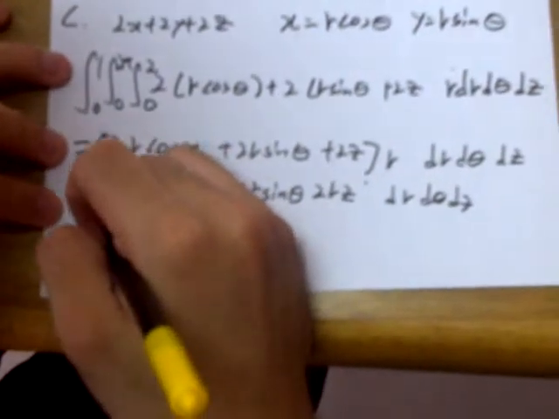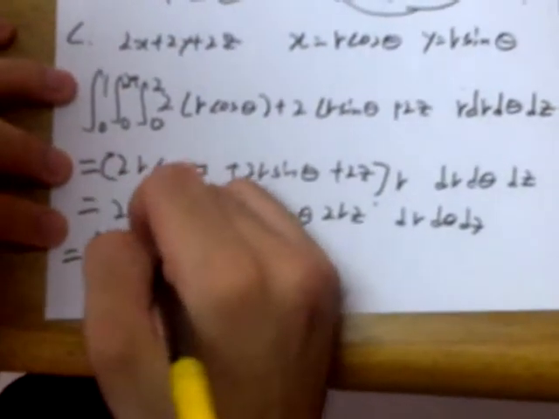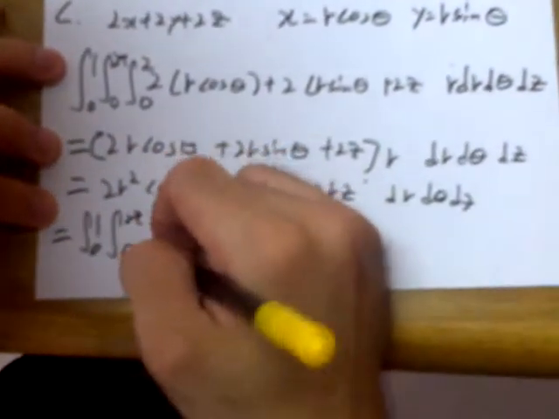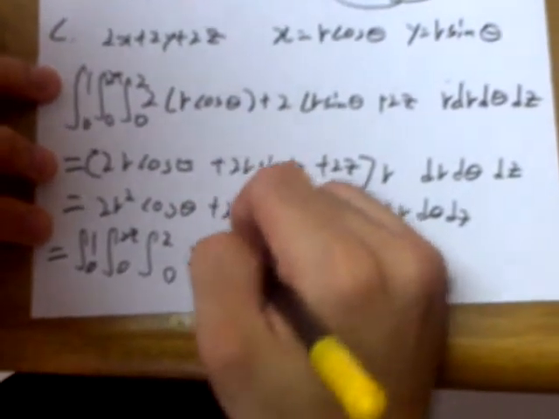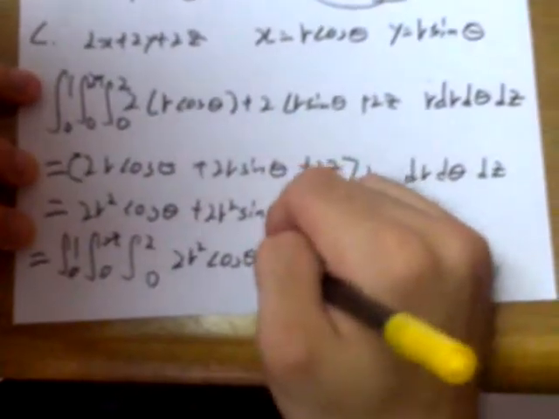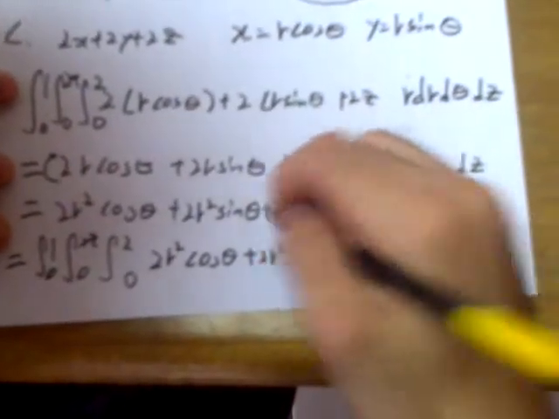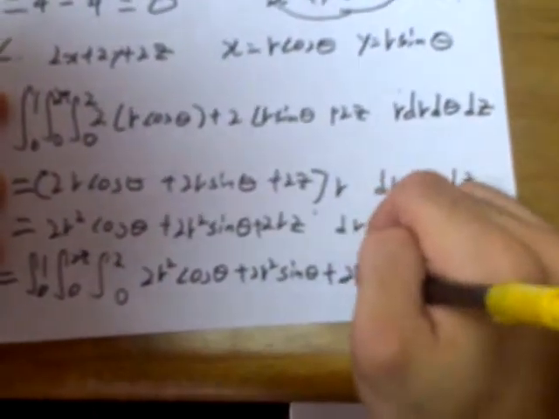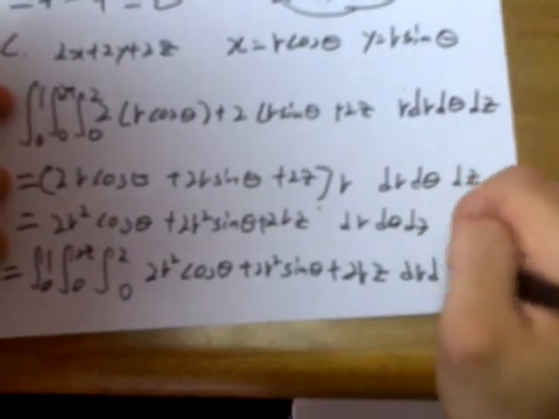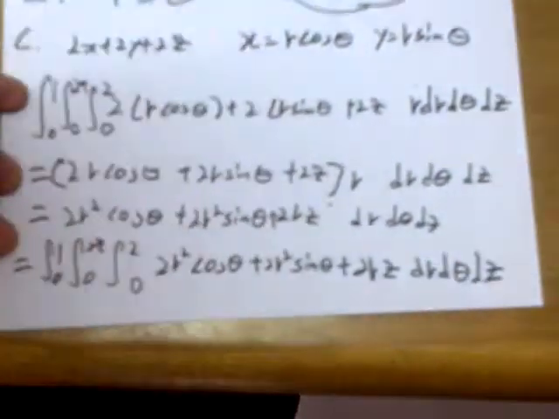We write it as the integral from 0 to 2 of 2r squared cos theta plus 2r squared sin theta plus 2rz dr d theta dz.